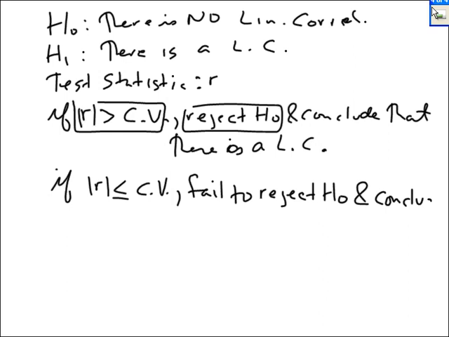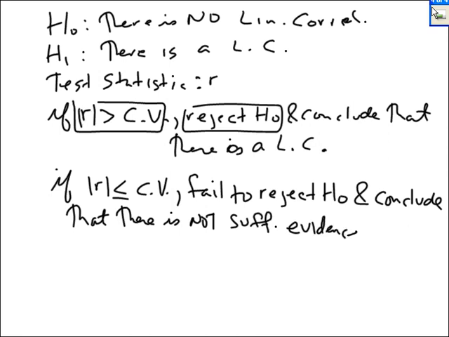And our conclusion is, we conclude that there is not sufficient evidence to conclude there is a linear correlation. There might be. We just haven't gotten enough evidence. Somebody might be guilty of some crime, but we didn't get enough evidence.